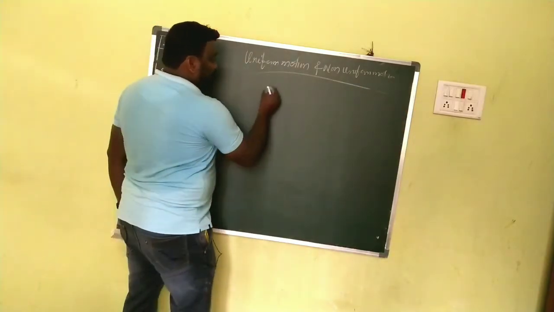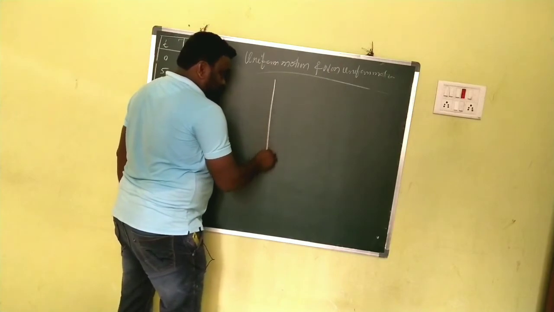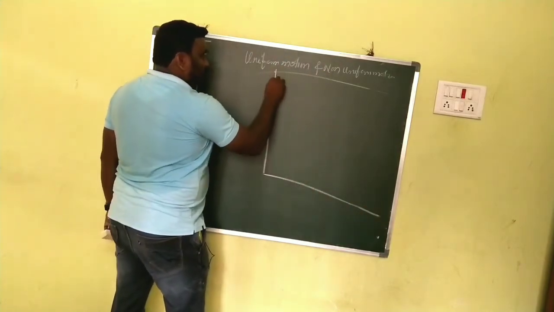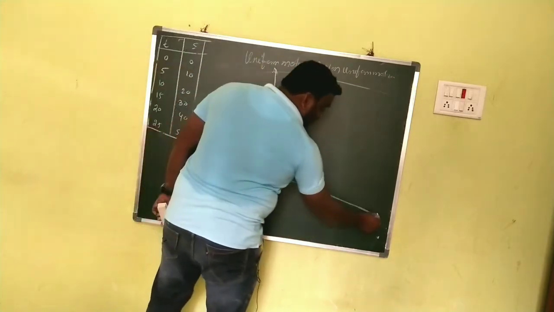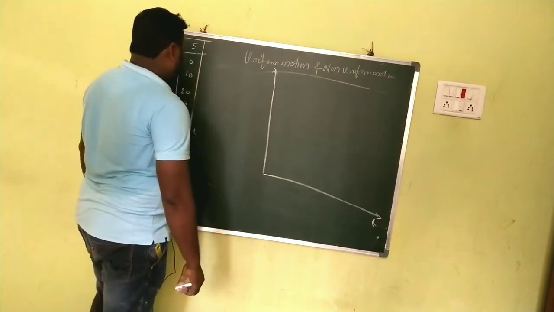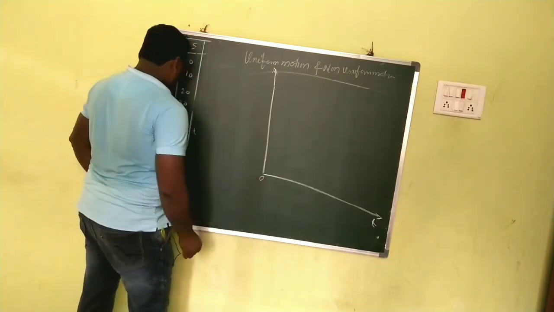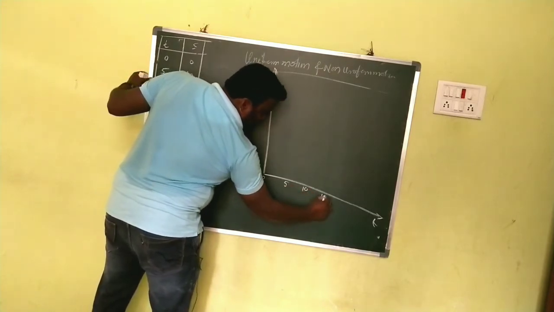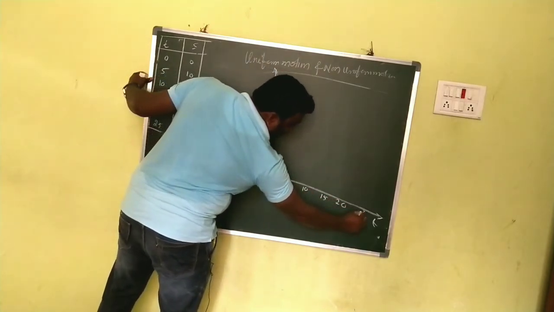Look here now. This is the graph, and I am taking the t values on the x-axis and s values on the y-axis. Now this is the 0. Here you have 5, 10, 15, 20 and 25.